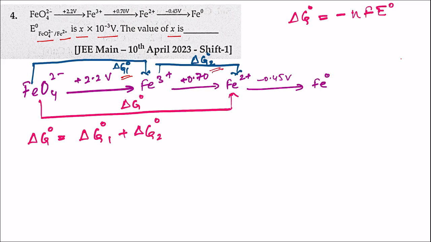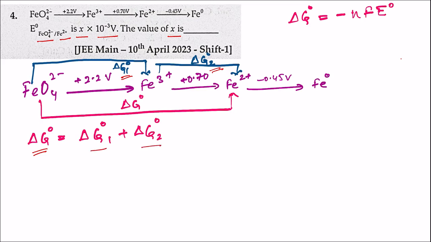And the overall step, that is FeO4 2- changing to Fe2 plus, let the value of delta G be delta naught G. So delta naught G for the overall conversion of FeO4 2- to Fe2 plus will be equal to delta G01 plus delta G02.